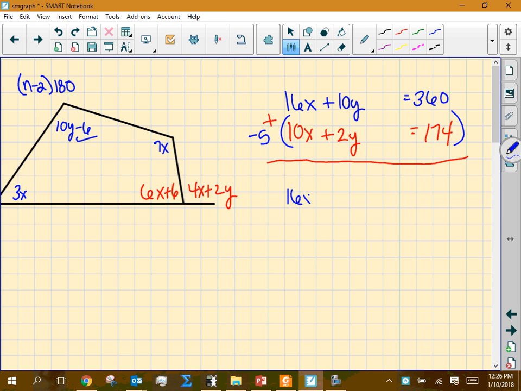So let's rewrite the top one without changing it. Now the bottom one will turn into negative 50x minus 10y equals 174 times 5. 174 times 5, 870. And it's going to be negative 870.